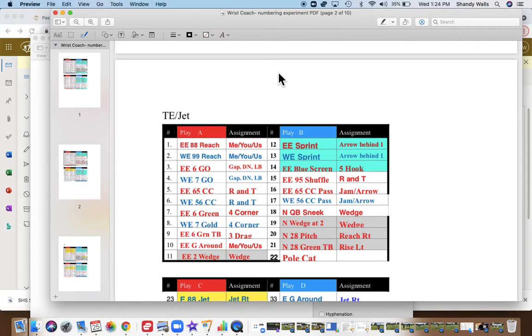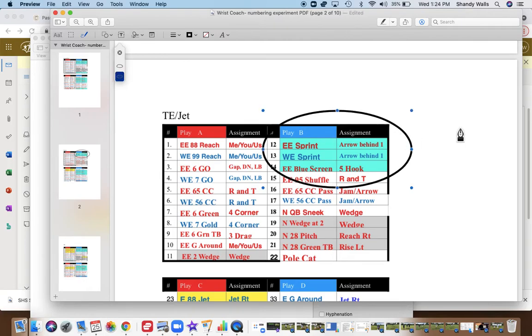But wait, there's more. You'll see that on some of these plays, the cell is in a different color. For example, plays 12 through 14, the cell is in a light aquamarine. Those plays are pass plays.